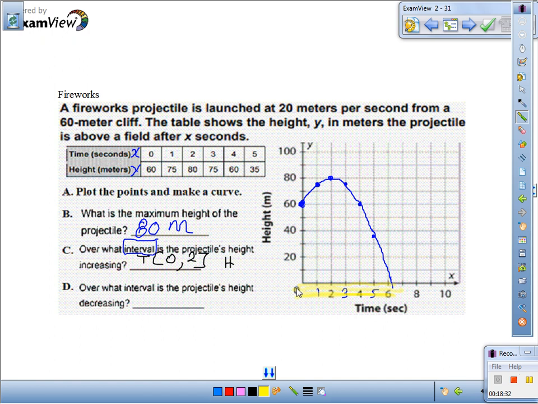Do I start way down here? No, I start right here. Between what interval is it increasing? 60 all the way to 80. Oh my goodness. So then we should have written what? Bracket 60, comma 80.